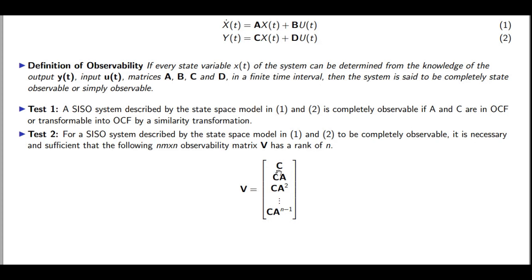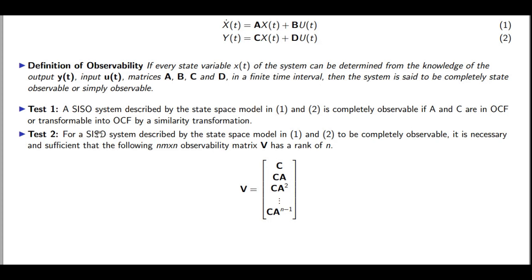If this observability matrix has a rank of n, then I say that the corresponding system is observable.